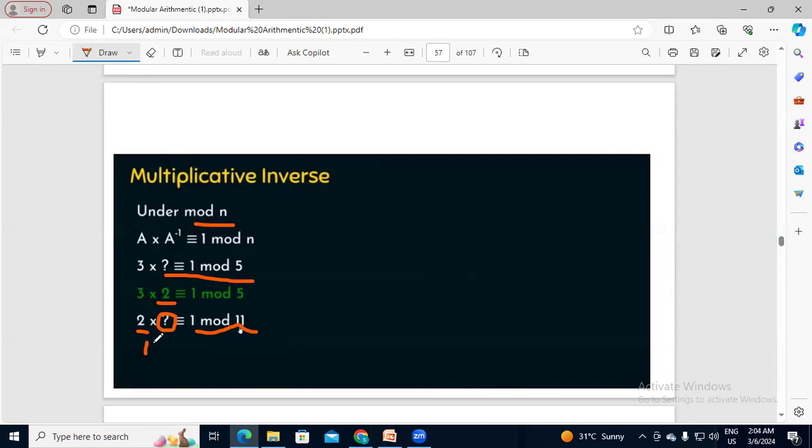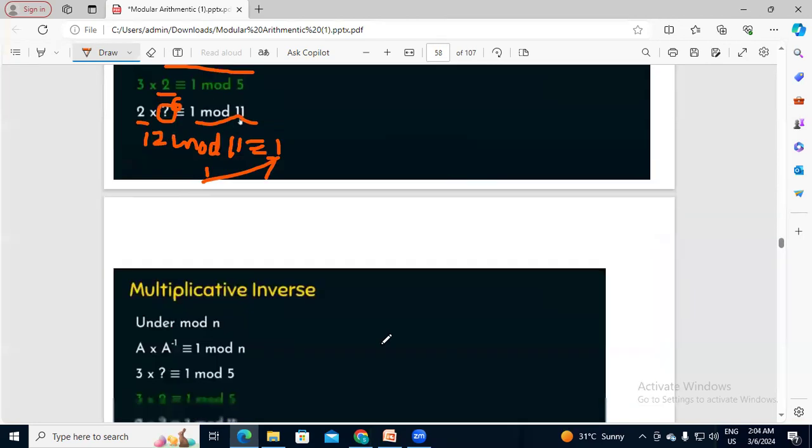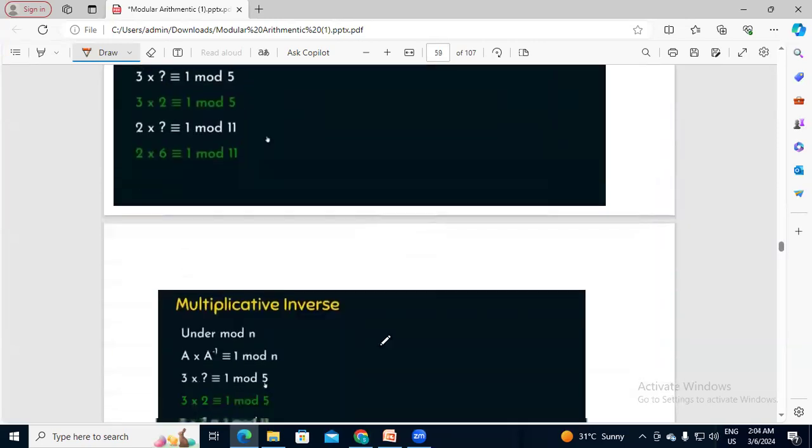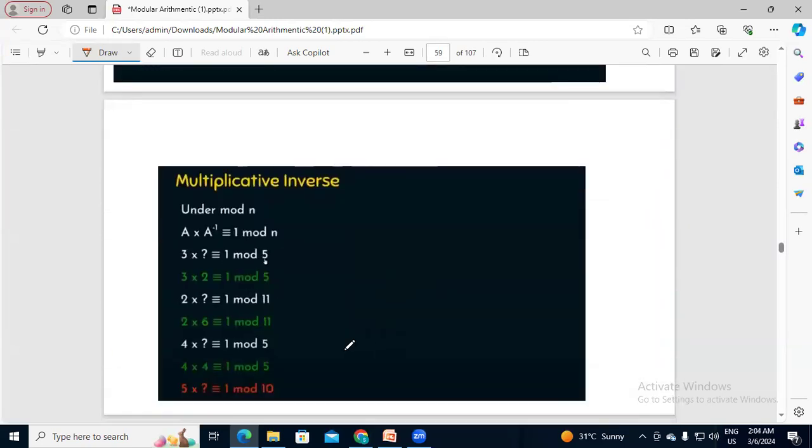If you replace the question mark with 6, you will be getting 12. 12 mod 11 क्या आ रहा है? 1. And 1 mod 11 क्या आ रहा है? 1. Yes, so we can say both the numbers are congruent to each other. So that multiplying factor is 6 over here. That is nothing but the multiplicative inverse.